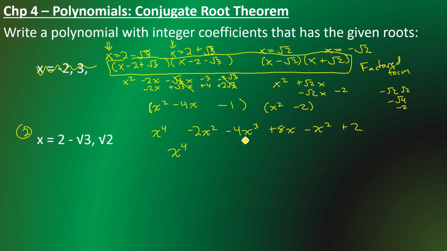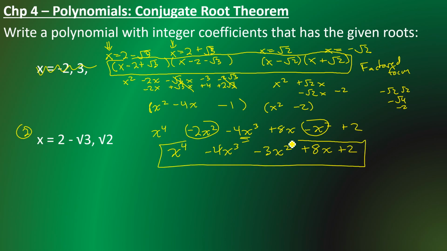There isn't anything like this. I have that, so copy that down. Notice I'm putting it in order, x to the fourth, x cubed. Now, I have this and this, so minus 3x squared, because negative 2 minus 1, and then plus 8x, and then plus 2, and there's my answer. That is the standard form.